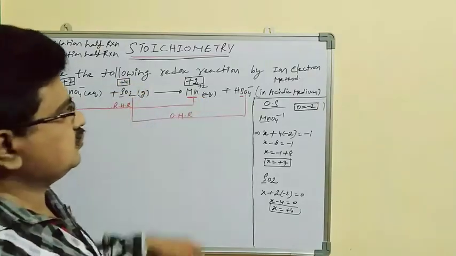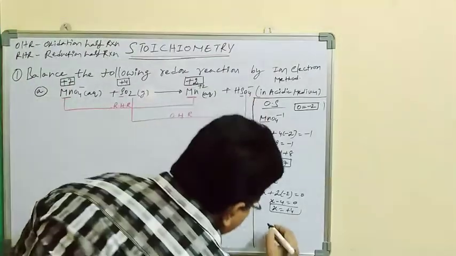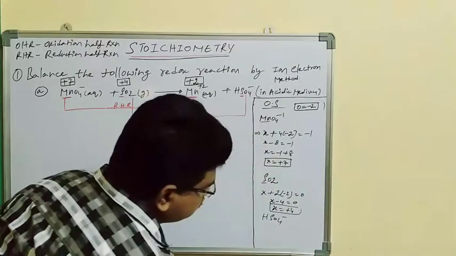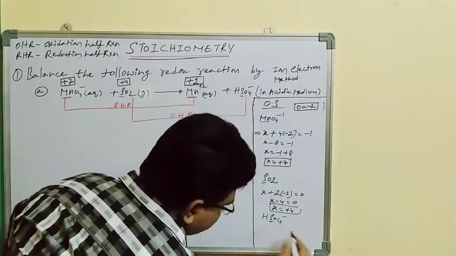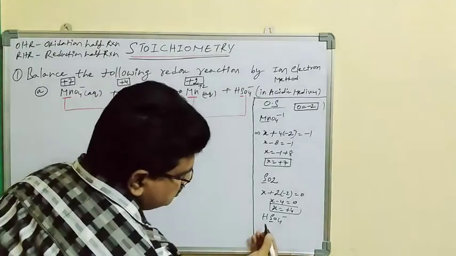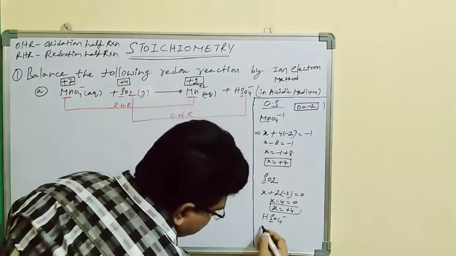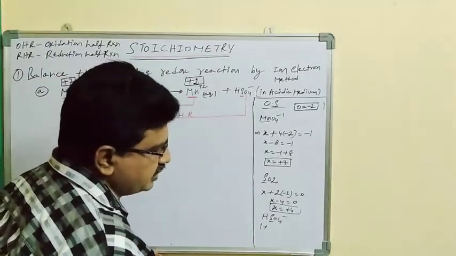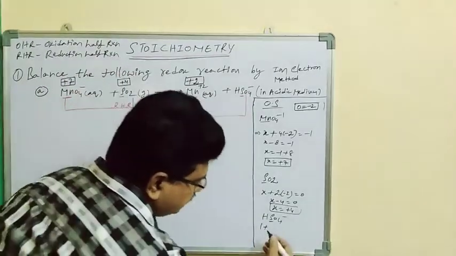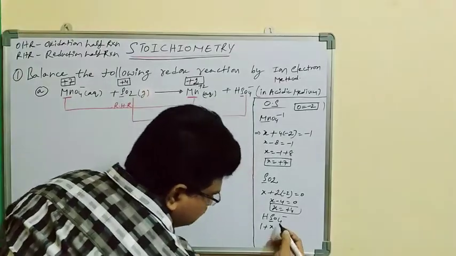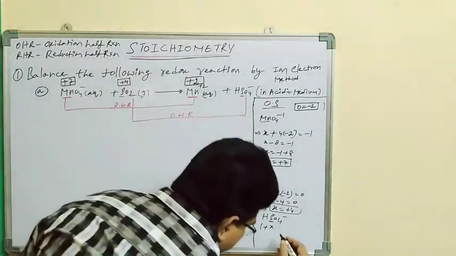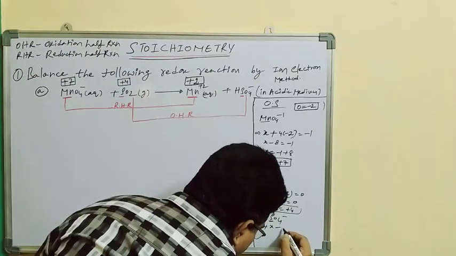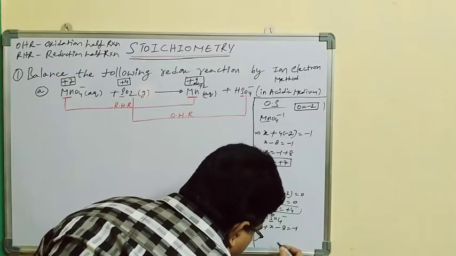Now the HSO4 oxidation state. Similarly for HSO4 minus, hydrogen has charge +1, so 1 plus x plus 4 into -2, which is -8, equals -1.